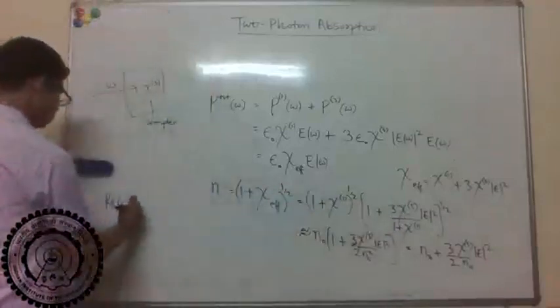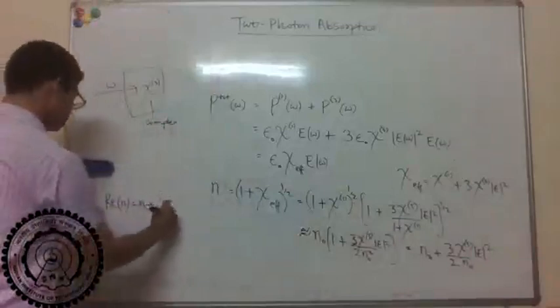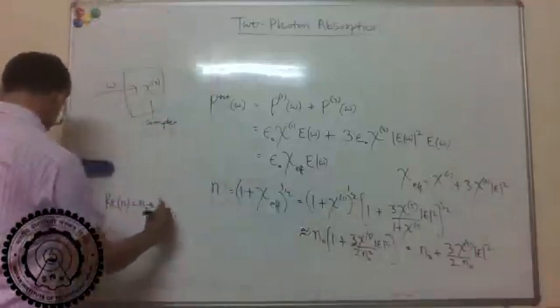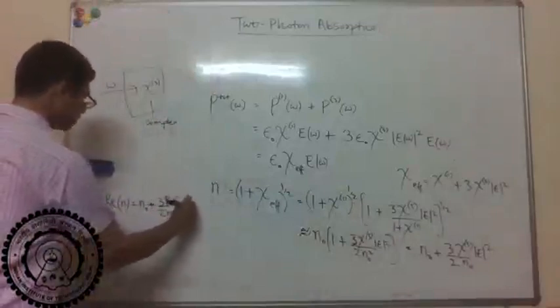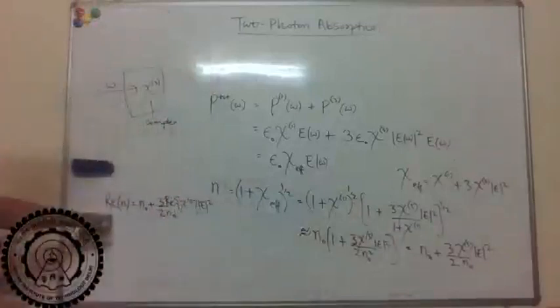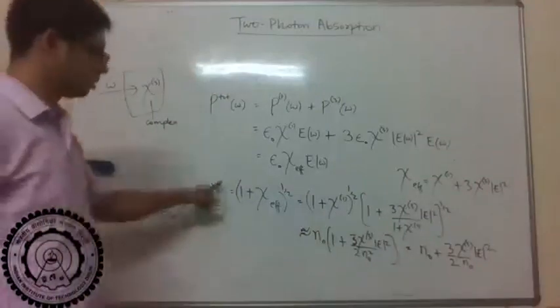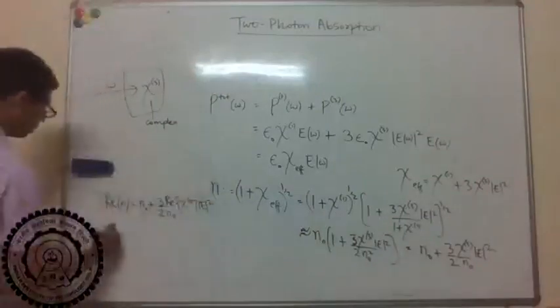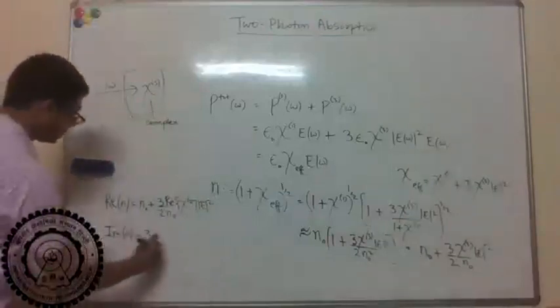So that will be n0 plus the real part of chi3, right? That will give me the real part of n, right? And then, if chi3 is complex, there is an imaginary part to the refractive index also, which is basically the imaginary part of this.